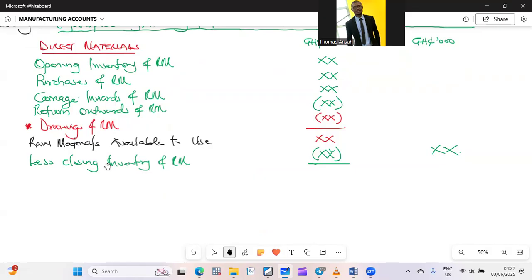Then what do you do after getting your raw materials? You come to direct labor, don't you? So direct labor. All right. So what are typical examples of direct labor? The labor that is working directly in the production process. They are directly involved in the production process. So what are some of the examples of such?